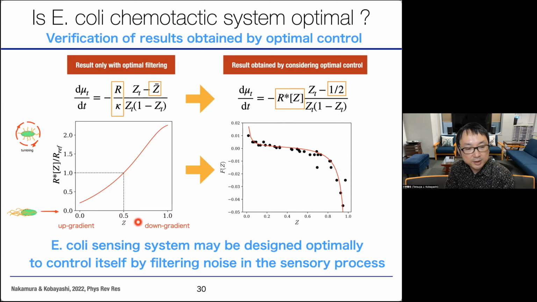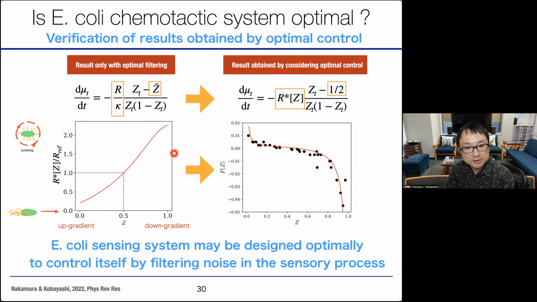Therefore, if a cell is very sure that it's going down the gradient, then this R increases. This functional form tells us that. And if the cell is very sure that it is going up the gradient, then the tumbling rate should be suppressed. This is very consistent and intuitively reasonable, to control the tumbling frequency to swim up the gradient.